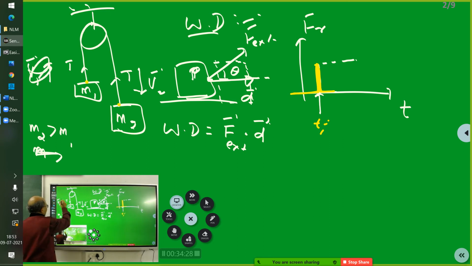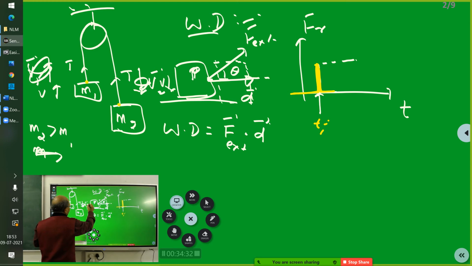Of course, I will not use velocity. This is moving up with speed V, and this is moving down with speed V. Got it? So now you see, at some instant of time, this would have moved by some distance delta r. So this point would move down by delta r.